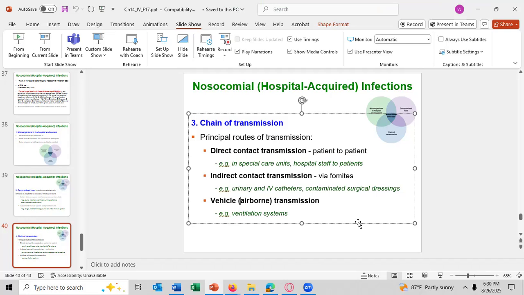When you go into any hospital, they tell you to sanitize your hands, and they have hand sanitizer either in the elevator or right next to the elevator, as well as outside every patient's room, to prevent the spread of nosocomial infective agents.